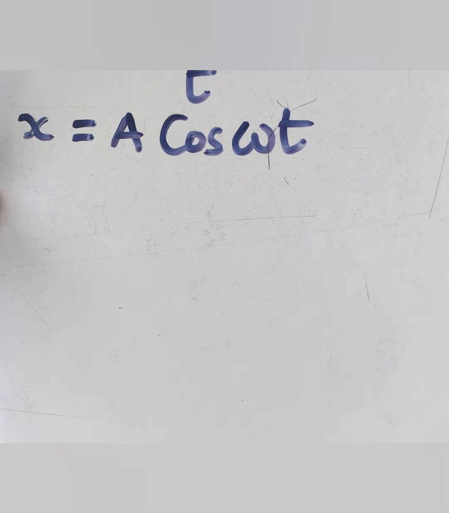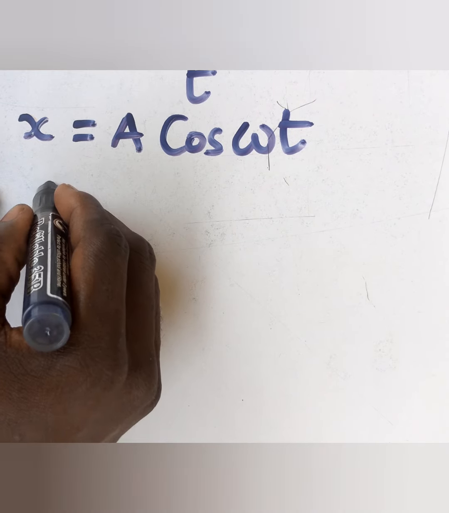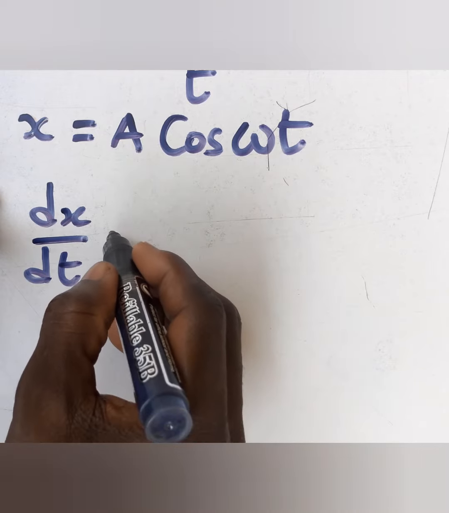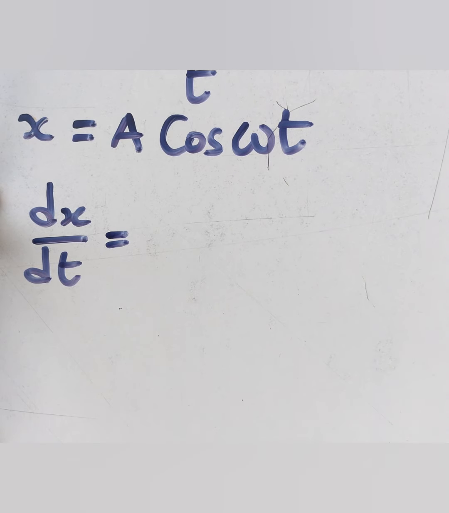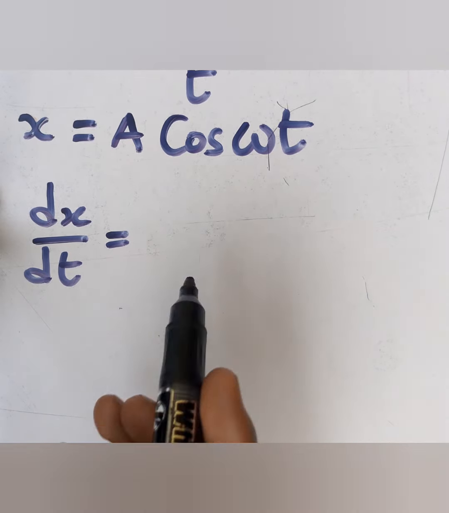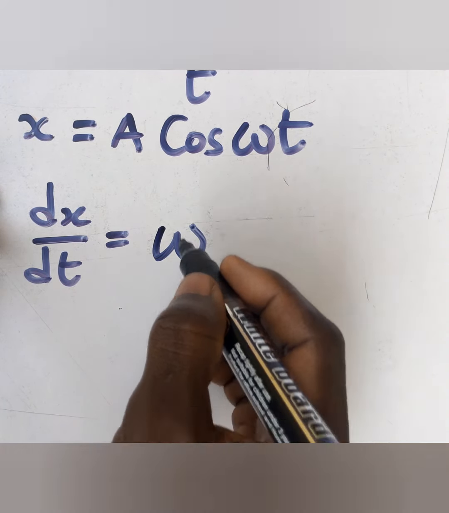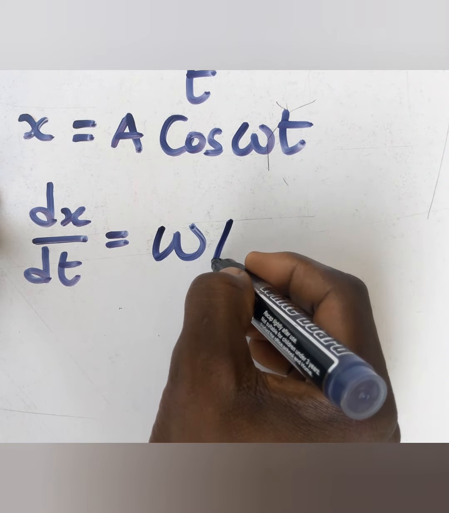Differentiating x with respect to time, we can write that dx divided by dt is equal to, omega will come out, then I will write this constant, which is a.